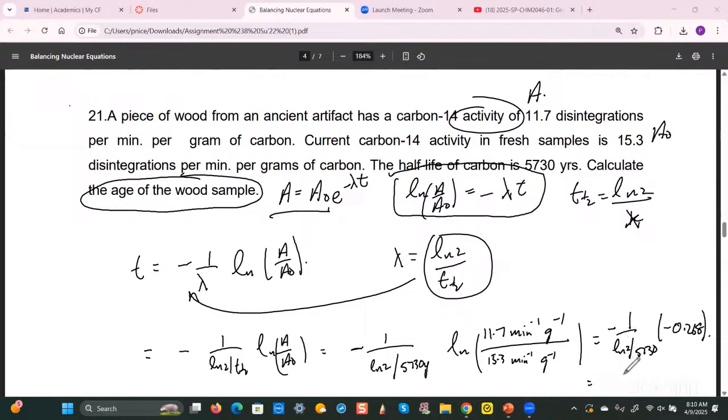So according to my calculations, and please correct me if I'm wrong, the answer I got, when rounded off to 3 sig figs, is 2220, and the units would be years, because this is years here, all right? So this would be the final answer, 2,220 years. So that's basically how that problem involving finding the age of an artifact based on carbon-14 dating is done.